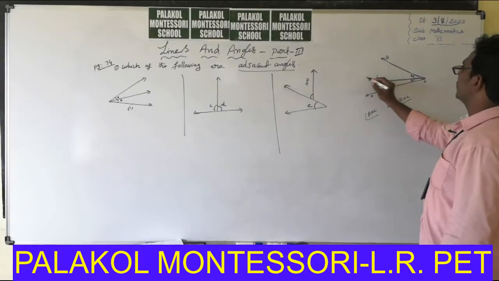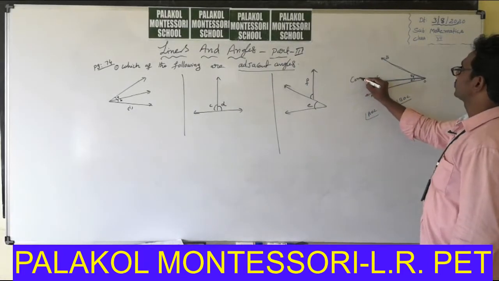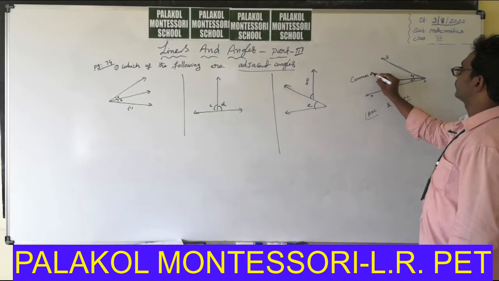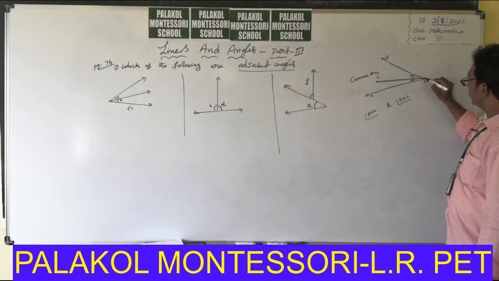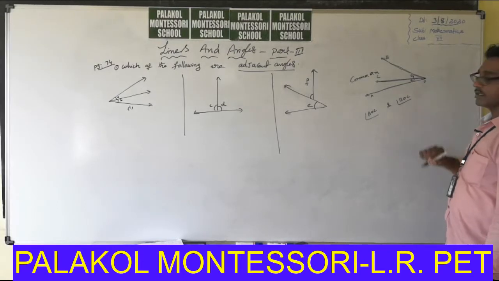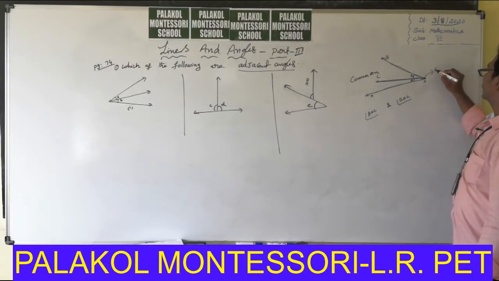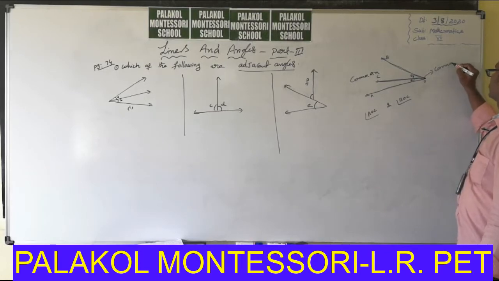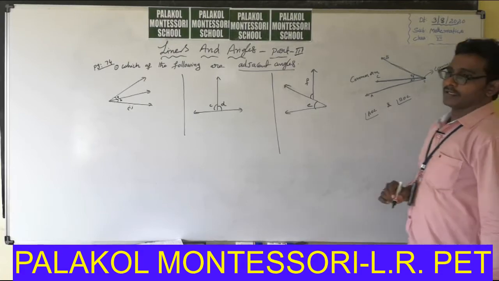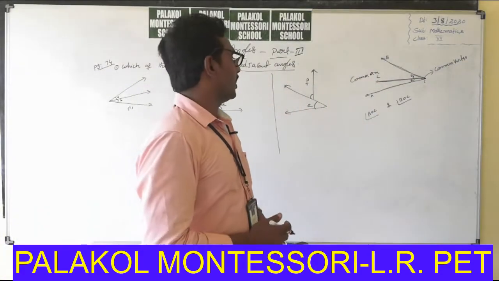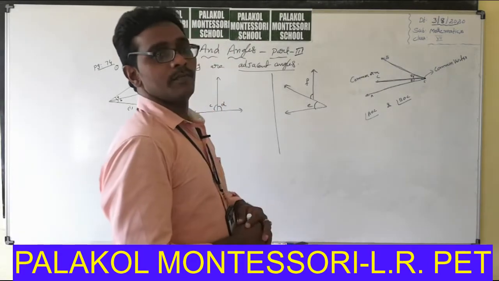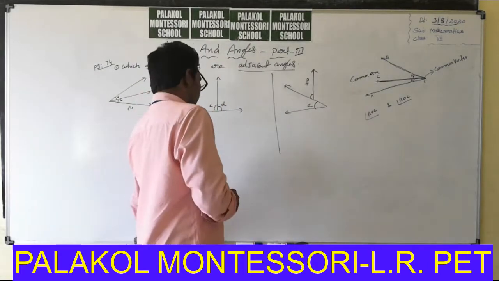OC is the common arm, and the angles meet at one point, which is called the common vertex. This type of angles are called adjacent angles. So angle AOC and angle BOC are called adjacent angles.